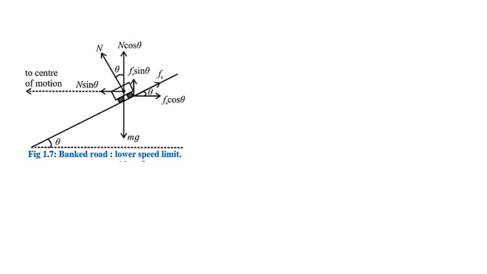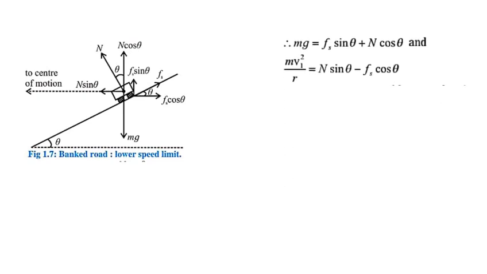So mathematically we can write mg is equal to Fs sin theta plus n cos theta, and centripetal force mv1 square upon r is the net effect of n sin theta and Fs cos theta. So mv1 square upon r is equal to n sin theta minus Fs cos theta. Why the negative sign?